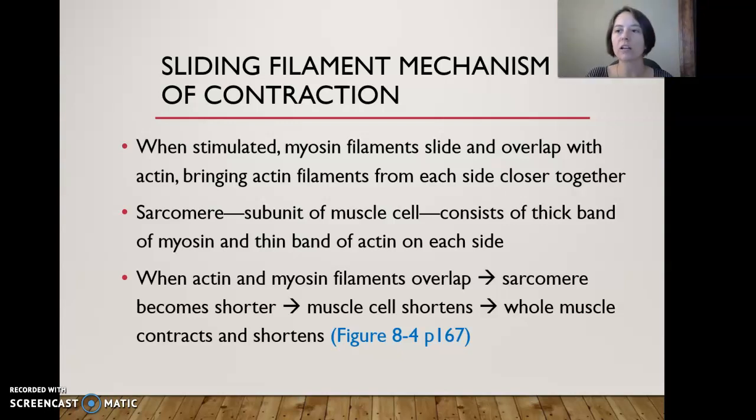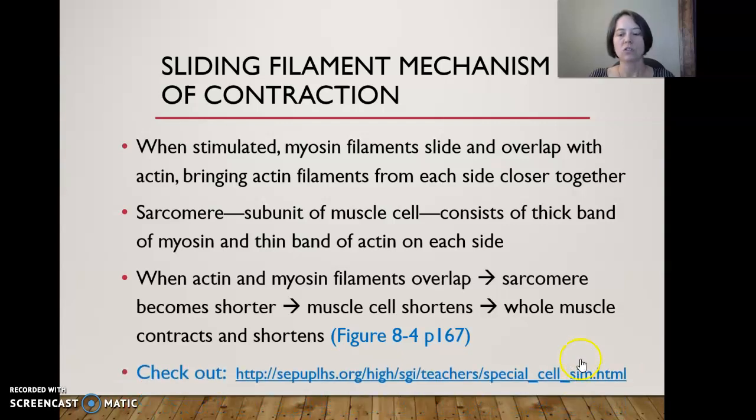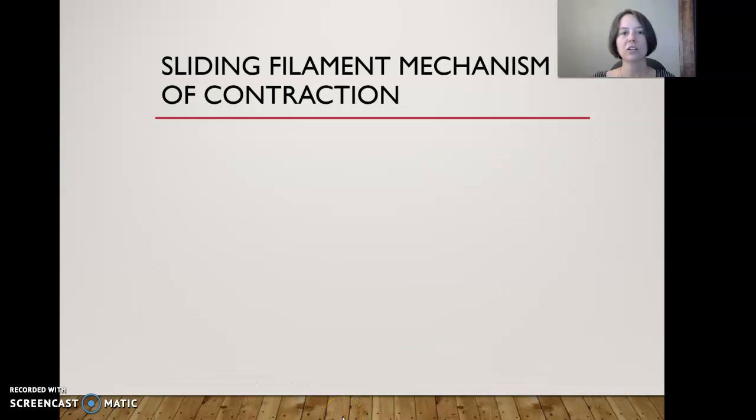And when the whole sarcomere gets shorter, then all the sarcomeres in a muscle cell get shorter, the muscle cell gets shorter. When all the muscle cells in a muscle get shorter, then the whole muscle gets shorter, and that's a contraction. So we looked at the nerve cell, and now we're going to look at the muscle cell, a little review from biology. So we will watch that little animation in class.